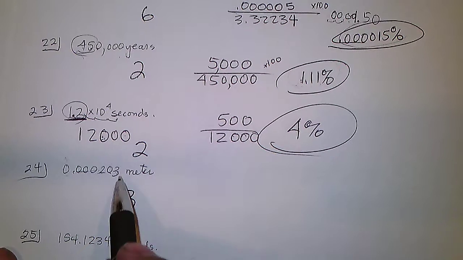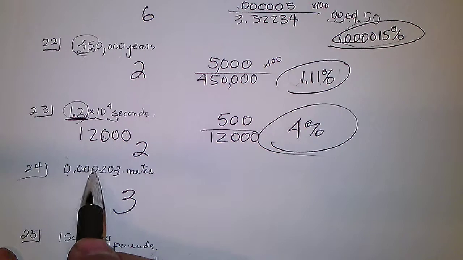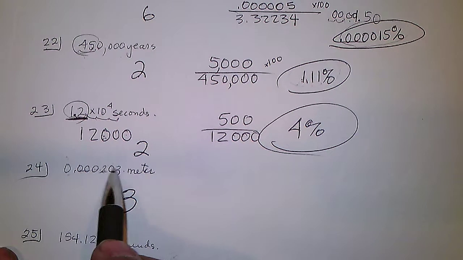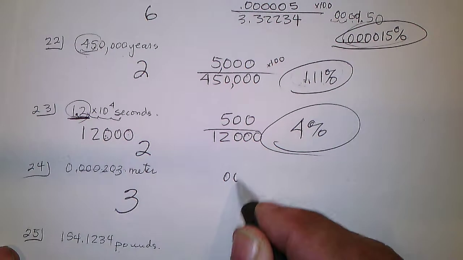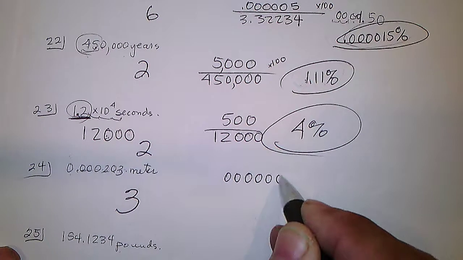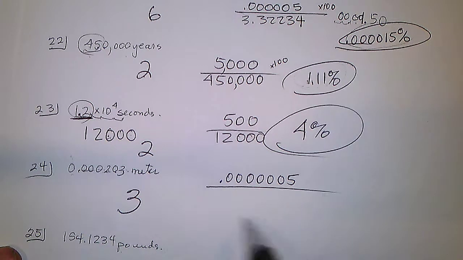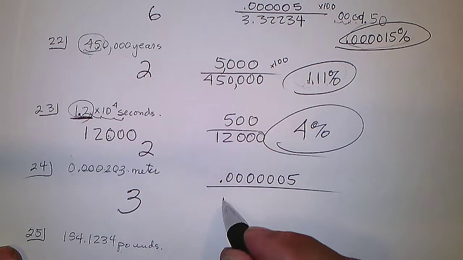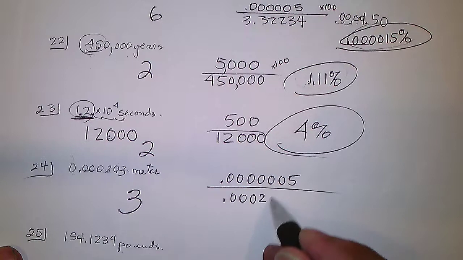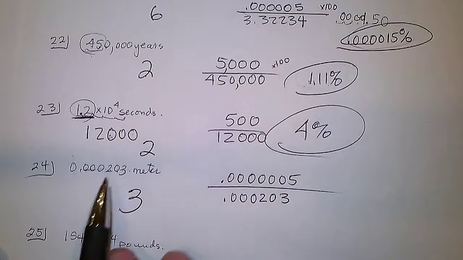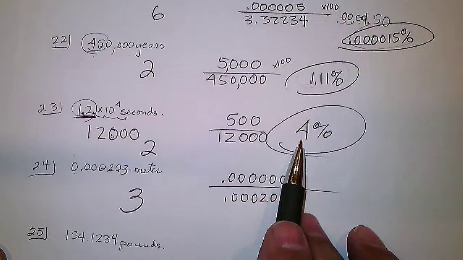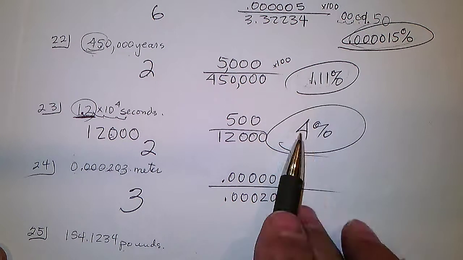And the error would be in the next one. So 0, 0, 0, 0, 0, 0, 5. That's the implied error over the original number, 0.000203. 3 significant digits, so it should be better than 4 or 1.